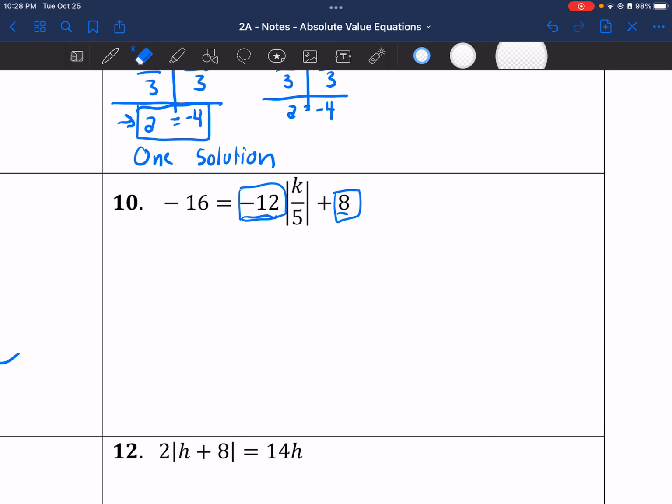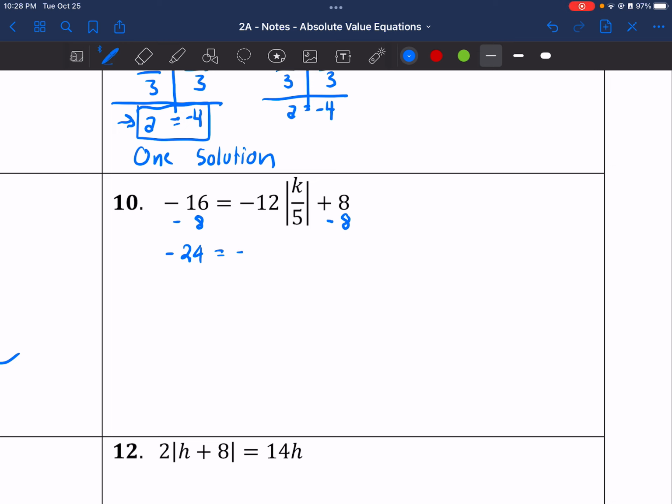Negative 12 is a variable term because it's attached to my absolute value, while 8 does not have a variable at all, so we cannot combine these two. So we want to deal with the plus 8 first. To get rid of the plus 8, we're going to subtract 8 on both sides. So negative 16 minus 8 gives me negative 24.